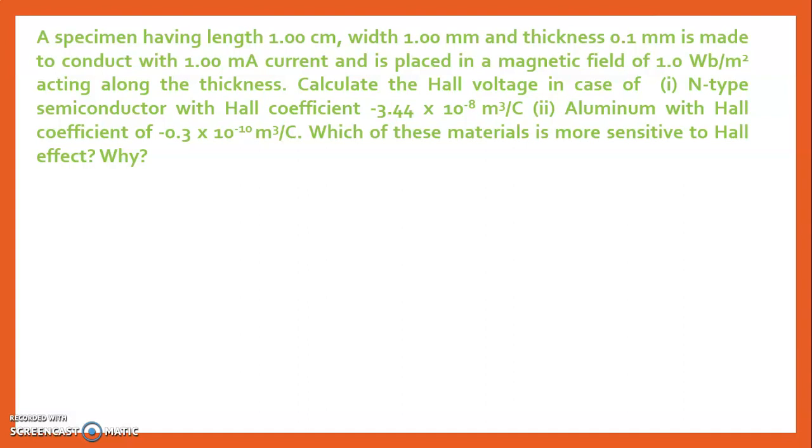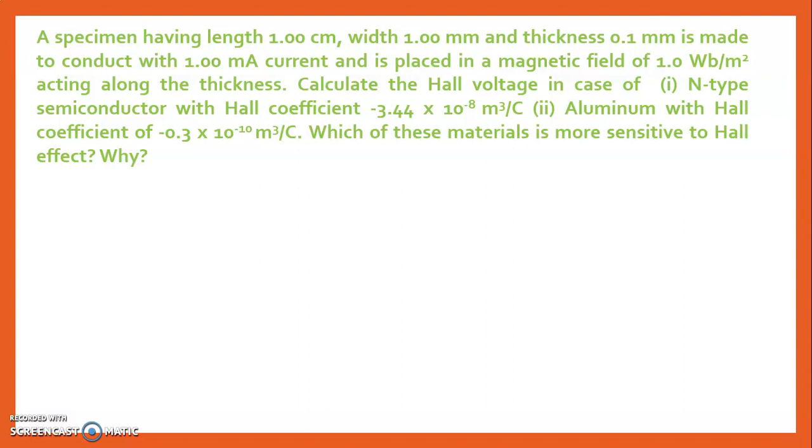Then we have to calculate the Hall voltage in two cases, one is an N-type semiconductor and the second is aluminum. Then by comparing their values, we have to justify which is more sensitive.